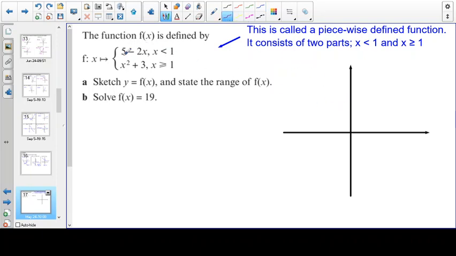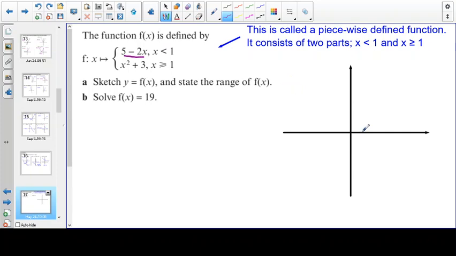and I'm going to draw this bit first. And I know this is a line. I know that it goes through 5 and has got a negative gradient. Okay, so we know in my mind it looks like that. So when x equals 1, 5 minus 2 is going to be 3.